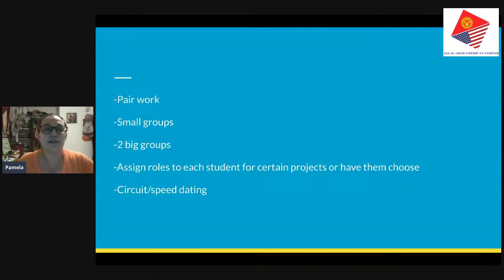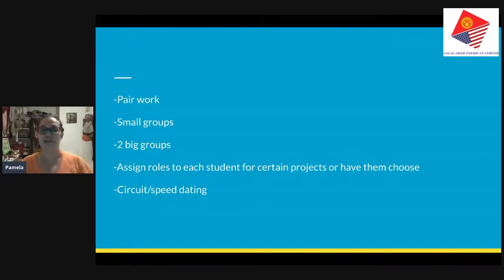And then when they're in the groups, you can either assign the roles, say you are the time taker, you are the writer, you are the idea maker, you are the presenter. Or you can have them decide on the roles. The older they are, the better it is for them to decide. And make sure it's timed, because they can spend all class deciding and saying, oh, we're still deciding. You say, okay, 5 minutes, you guys talk about it, you decide.